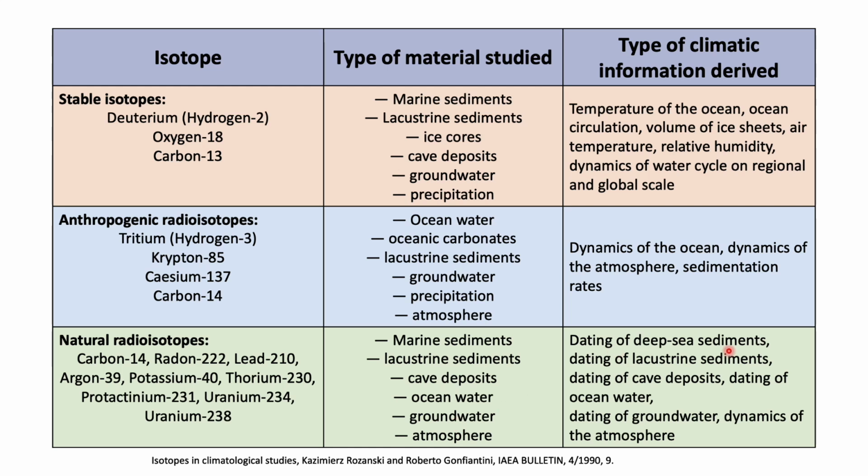Here dating of deep sea sediments can be carried out using carbon 14 studies. Dating of lacustrine sediments, cave deposits, ocean waters, groundwater and the dynamics of the atmosphere can all be studied using these isotopes. We will understand how all these things are possible.